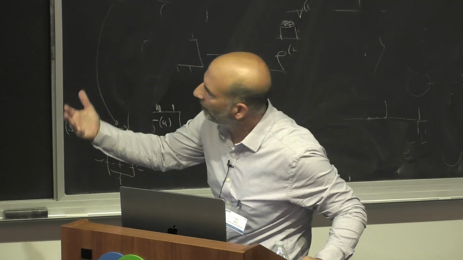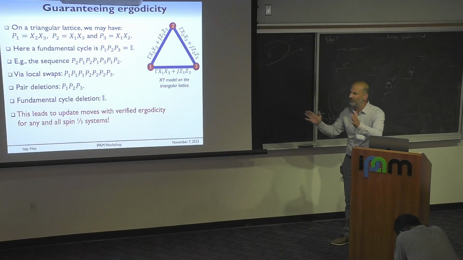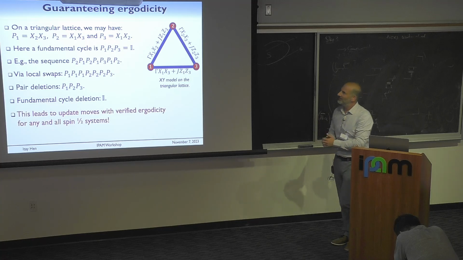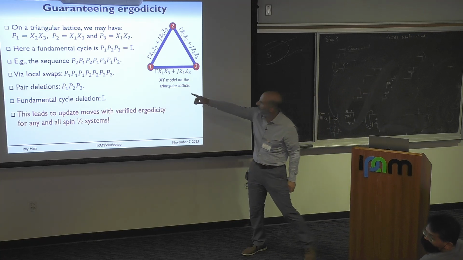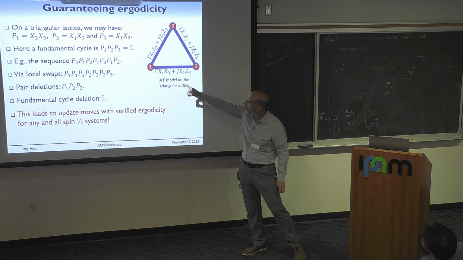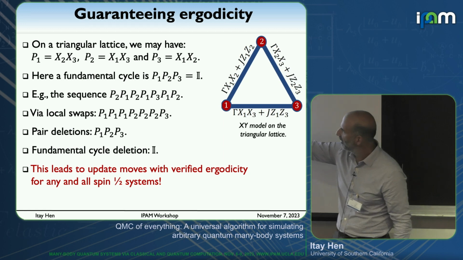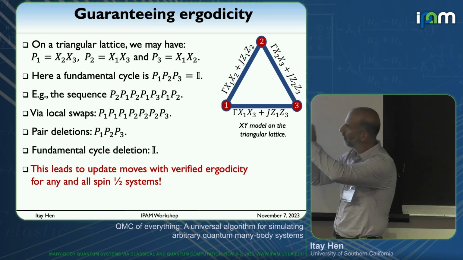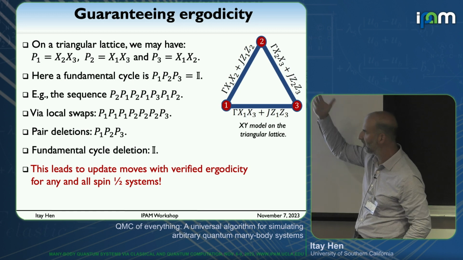So with those, for example, I know I don't have much time, but there's like 10 minutes for questions. Is that right? Okay. So basically, for example, if I had a sequence P2, P1, P2, P1, P3, P1, P2, etc., if I use local swaps, I can just swap them to have P1, P1, P1, P2, P2, P2, P3 by swaps.